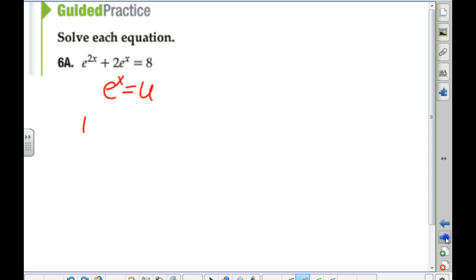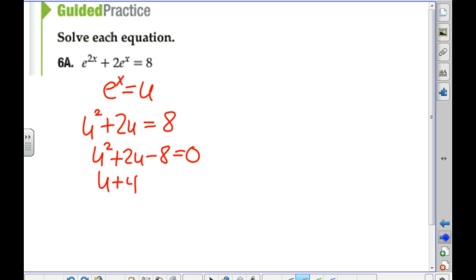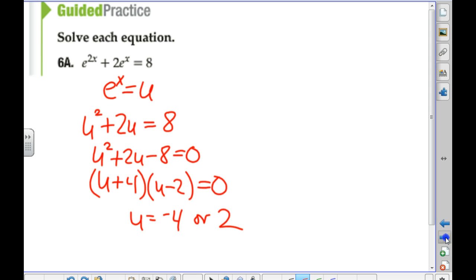So this becomes u squared plus 2u equals 8. Okay? The problem is you're not done. Why? Because u is still e to the x.